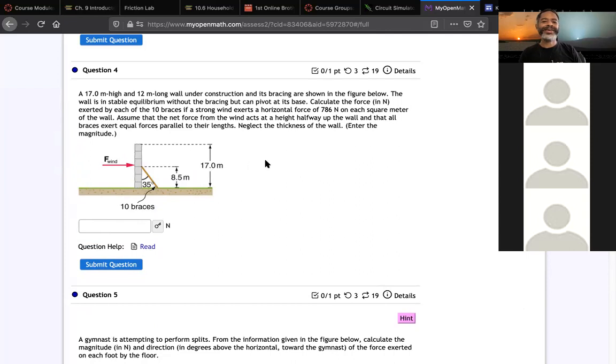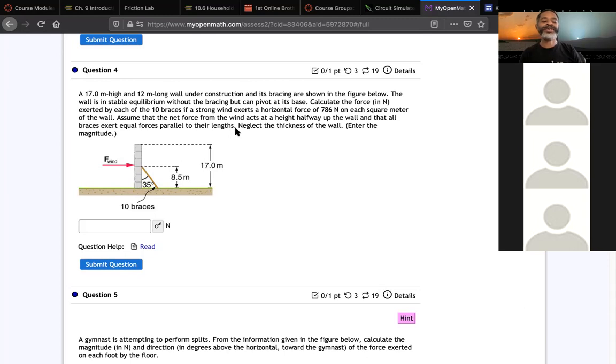And so the wall is in stable equilibrium without the bracing, but it can pivot at its base. Okay, so stable equilibrium means that if you start to tip it, it'll tip back the other way. Like if you begin to tip it and let go, it'll tip back to how it was, right? It has a restoring force.